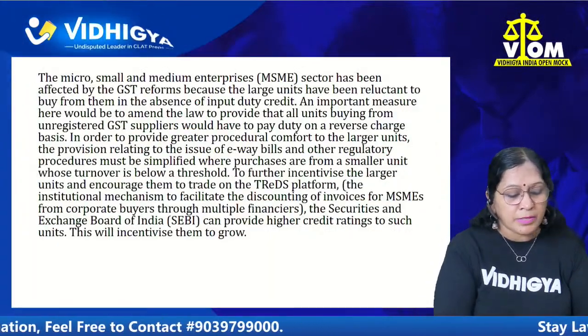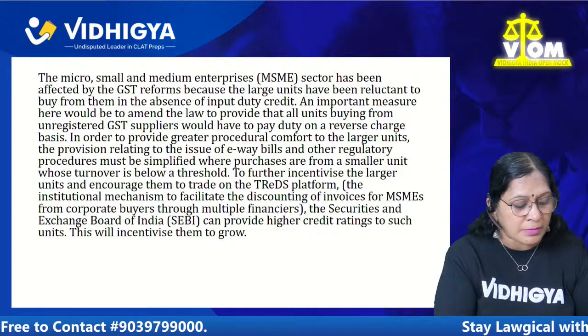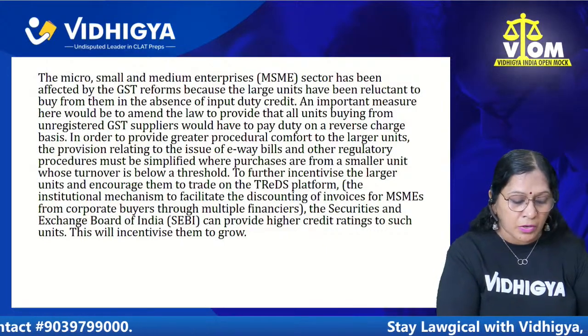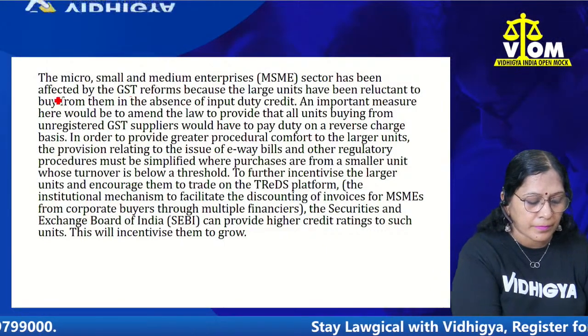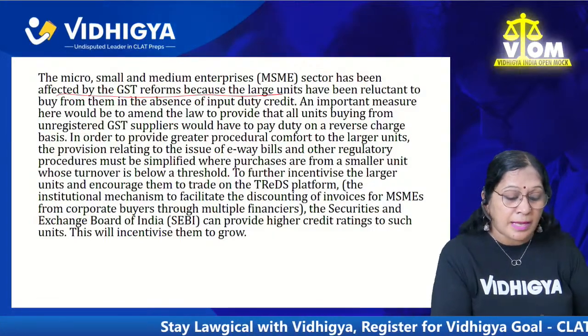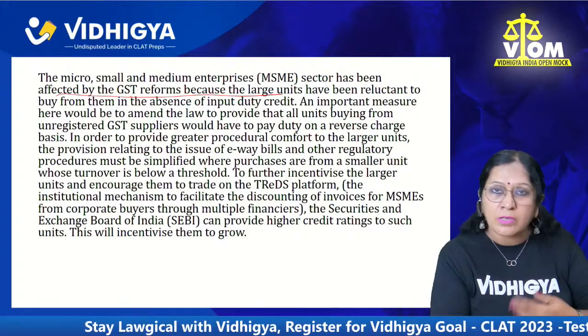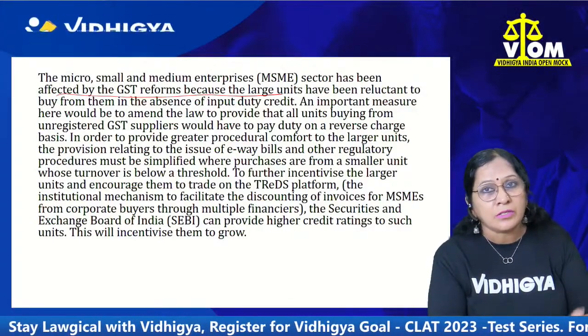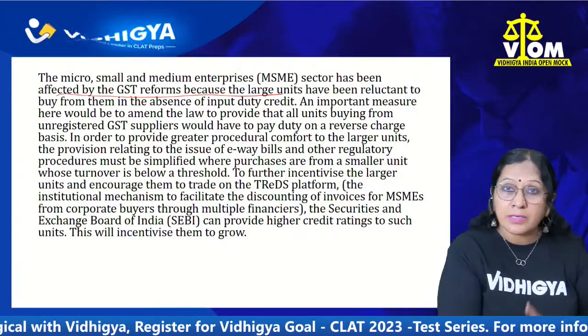The micro, small, and medium enterprises, the MSME sector, has been affected by the GST reforms because the large units have been reluctant to buy from them in the absence of the input duty credit. Now, because the input duty credit will be there, they'll be able to buy. This is what is implied.